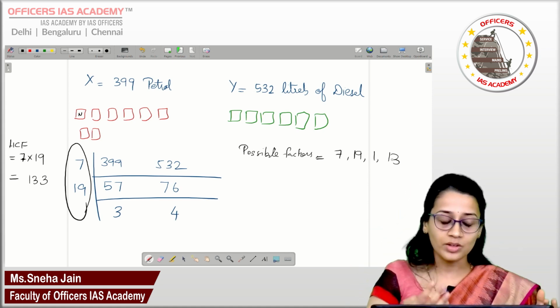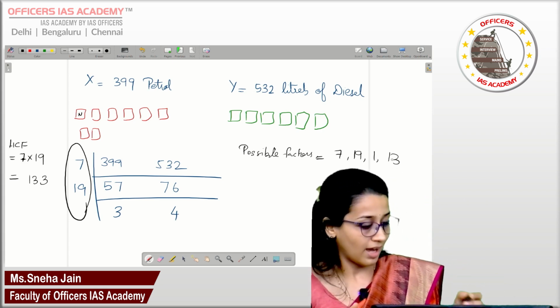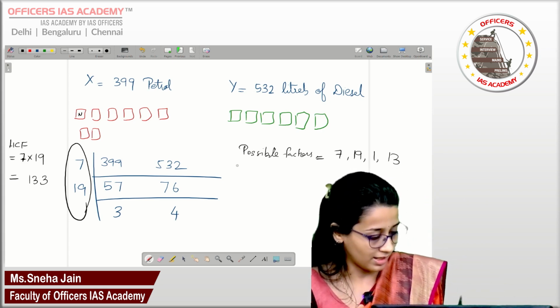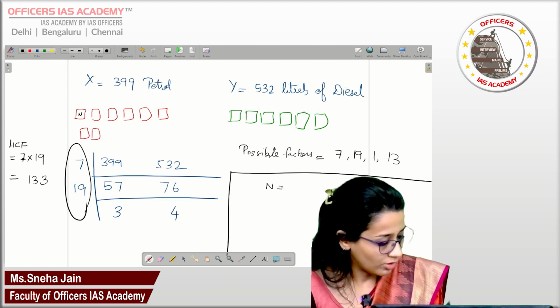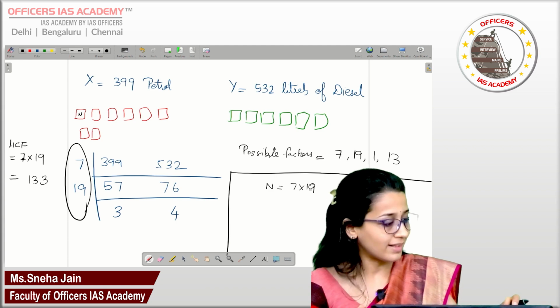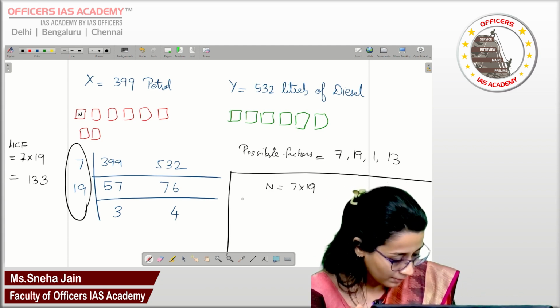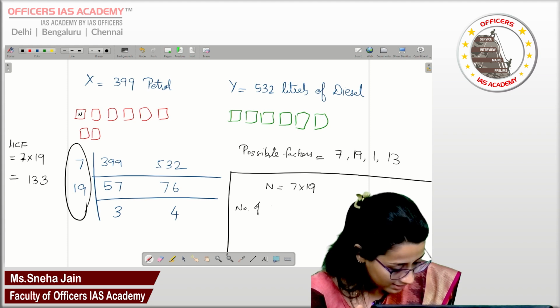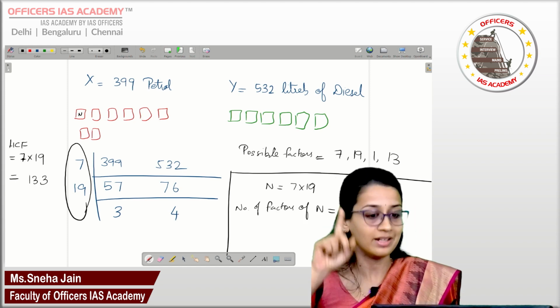Ma'am, is there another way to find out? Yes. See, how do we find out the number of factors? I have also done another method. If you know that a number is expressed as 7 into 19, so that's your HCF, right? What are the number of factors for this number? The number of factors of n can be written as, what is the power of 7? 1.